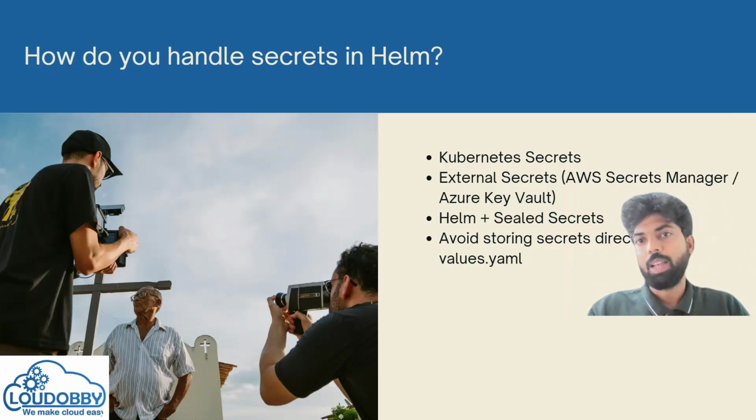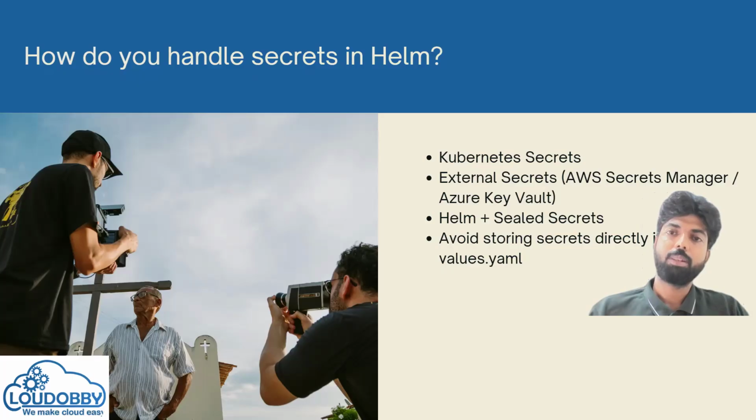Helm plus Sealed Secrets. So to Helm also you have Sealed Secrets. Avoid storing secrets directly in the values.yaml. In the previous example, I told about the database schema, but I didn't tell about the database username or password. The database username or password should not come from the values files.